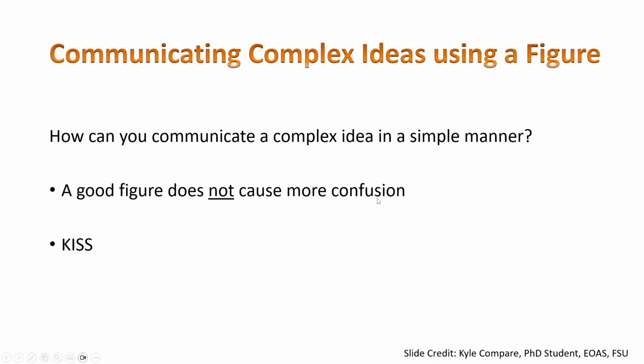With a good figure, the reader, when he looks at it, will increase in understanding, not in confusion. So you follow the KISS principle. KISS means keep it simple, stupid. So you basically follow this principle. KISS, keep it simple, stupid. So you keep your conceptual figure as simple as possible, but as informative as possible also.